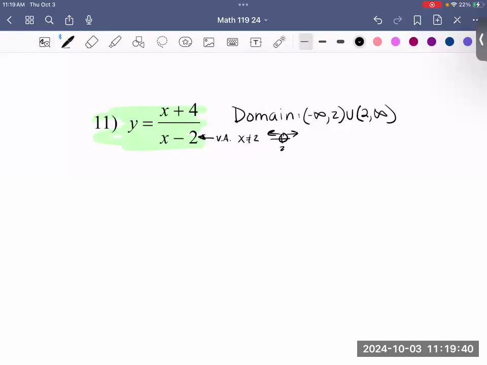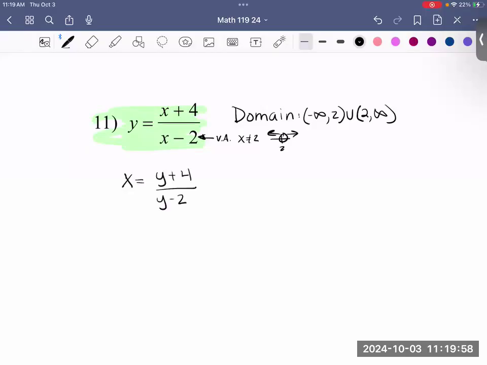And if we want, we can wait to grab your range, and then we can graph these together and see what comes up. So this is already in y, so then we switch your x's and y's here.